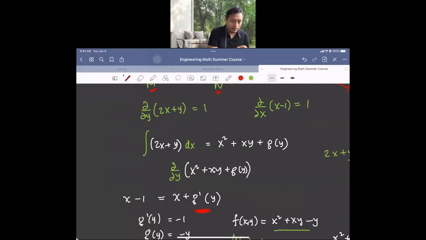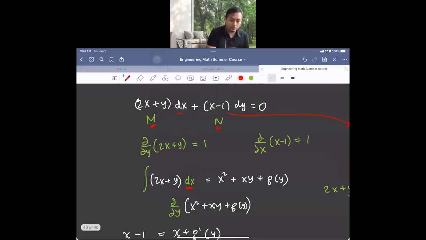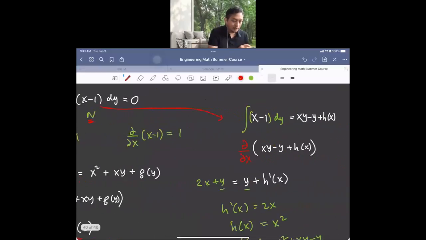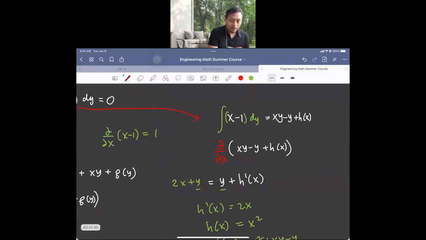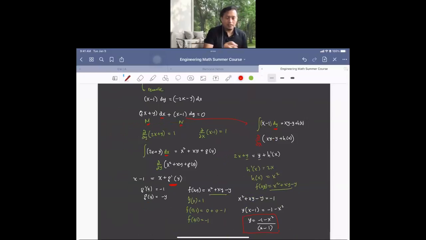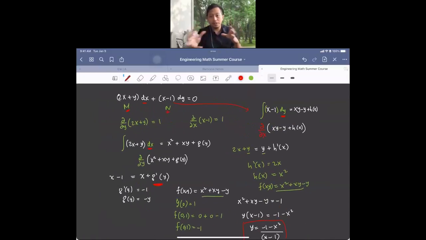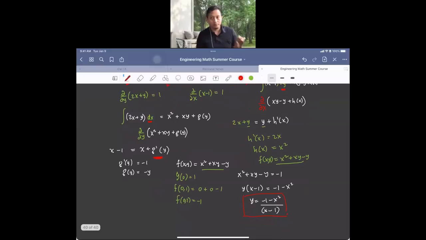If it's m, then you take the integration with respect to dx, because m is on the dx one, right? And if you take the n, then you need to integrate with respect to y, dy, okay? It's like you are having a partial structure and you take the integrations, one with respect to x, one with respect to y. And finally, both ways are going to have the same answers.